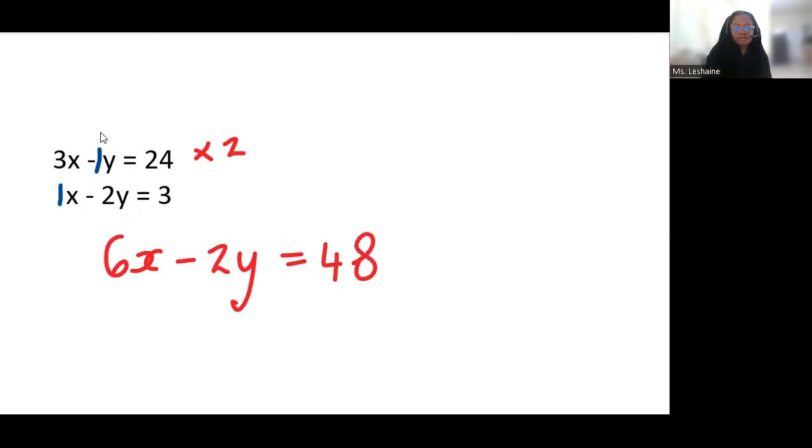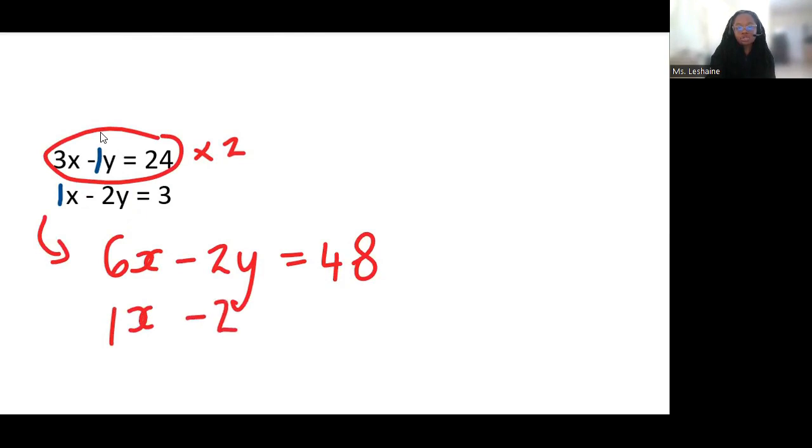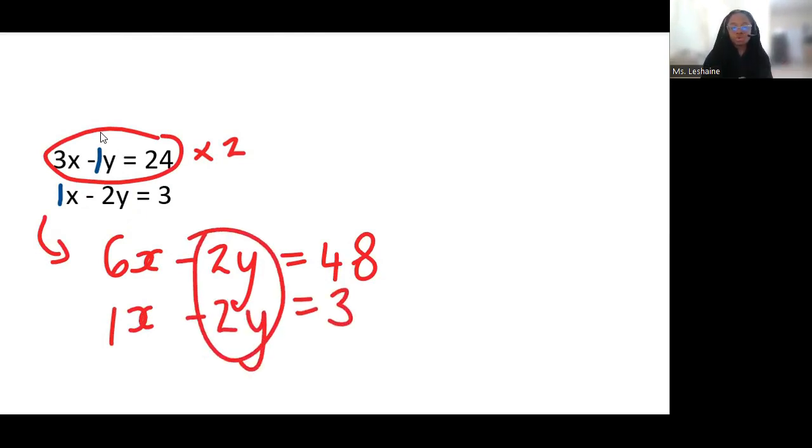And of course, at the bottom, nothing will change. Why is nothing changing? Because if I multiply this by 2 and I get what I have here, notice that I now have a 2y in both equations, which is what I want. So there's no need for me to multiply the bottom by anything.